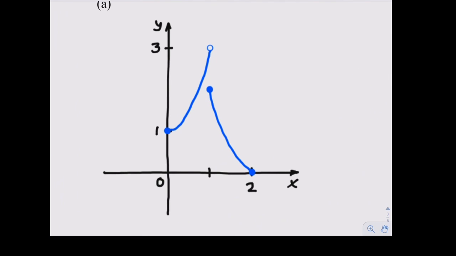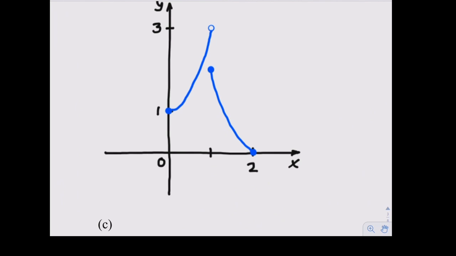Does the EVT apply from 0 to 2? Yes or no? No. EVT does not apply. Why? Since f is not continuous, where?